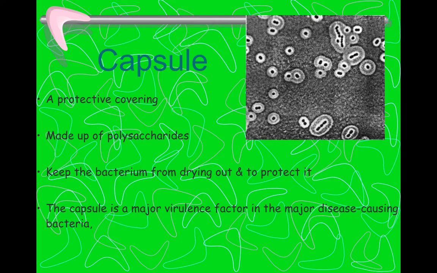The capsule is a major virulence factor in the major disease-causing bacteria. So what does that mean? So a virulence factor is a molecule that's produced by pathogens. So pathogens are things that can harm another organism. And so, for example, bacteria. Let's say bacteria is the pathogen, and it can harm you. You can get sick from it.